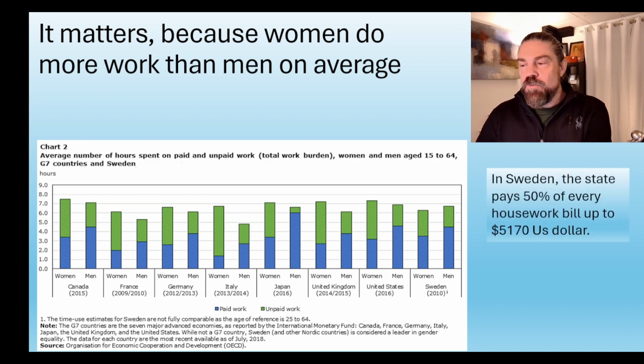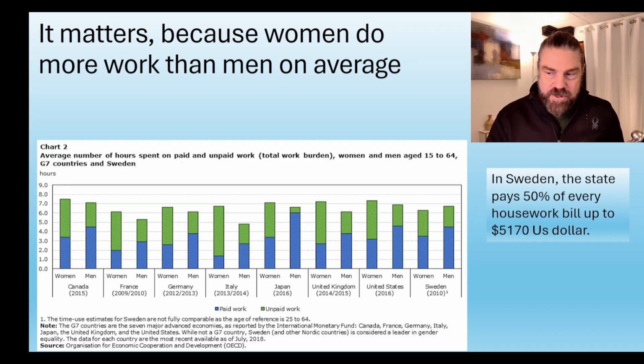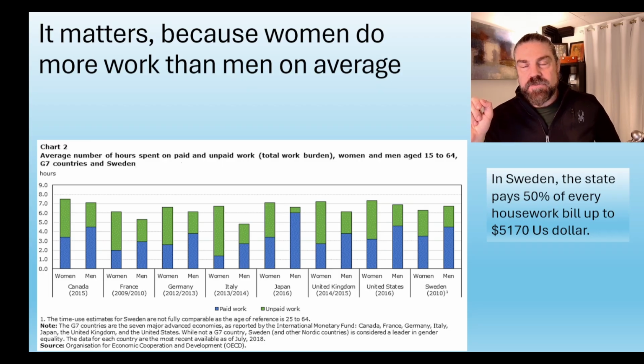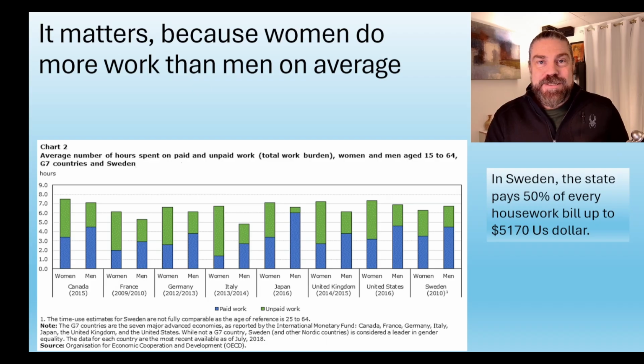So it makes you want to ask, or it makes me want to ask, what's up with Sweden, right? Well, this is what Sweden does. In Sweden, the state pays half of every housework bill up to around 5,000 American dollars in value. Half. So if you hire that person to come and do your dishes, the government pays half of it. It subsidizes it.